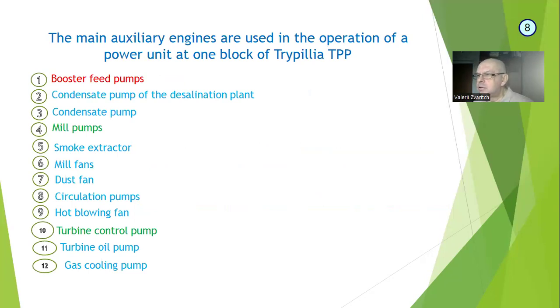We tried to develop a schematic diagram of the main auxiliary motors involved in the operation of power units at the blocks of the Trypilska thermal power plant.